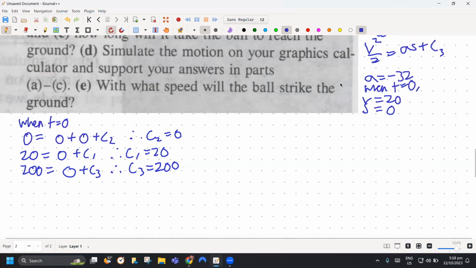I want you to see s in terms of t, v in terms of t, and v squared over 2 in terms of s. So what are you looking for? How long will the ball be going up?